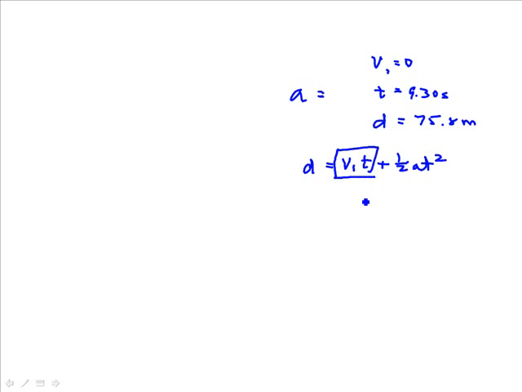And if it wasn't 0, this could be a bit of a problem. But since D is equal to 1/2 A T squared, then A is equal to 2D over T squared.